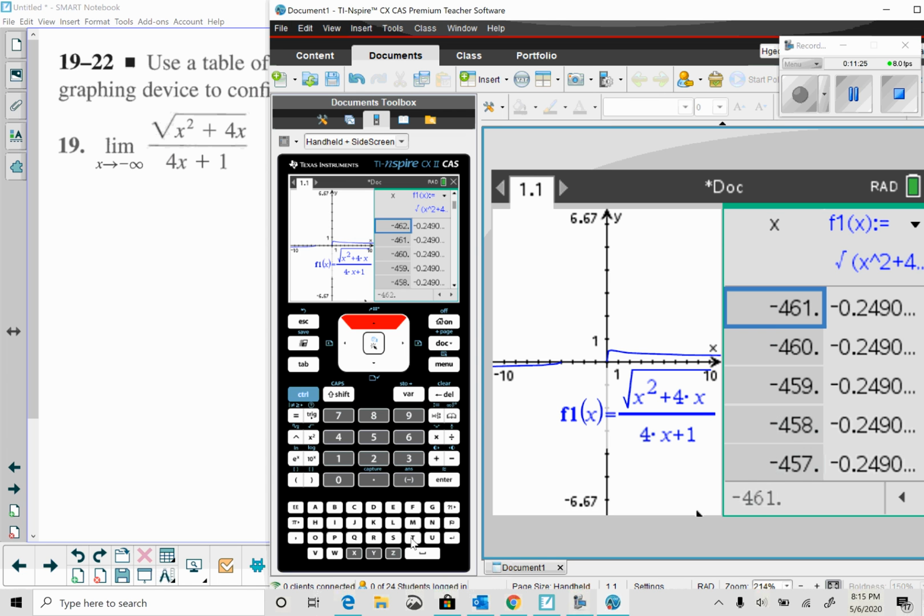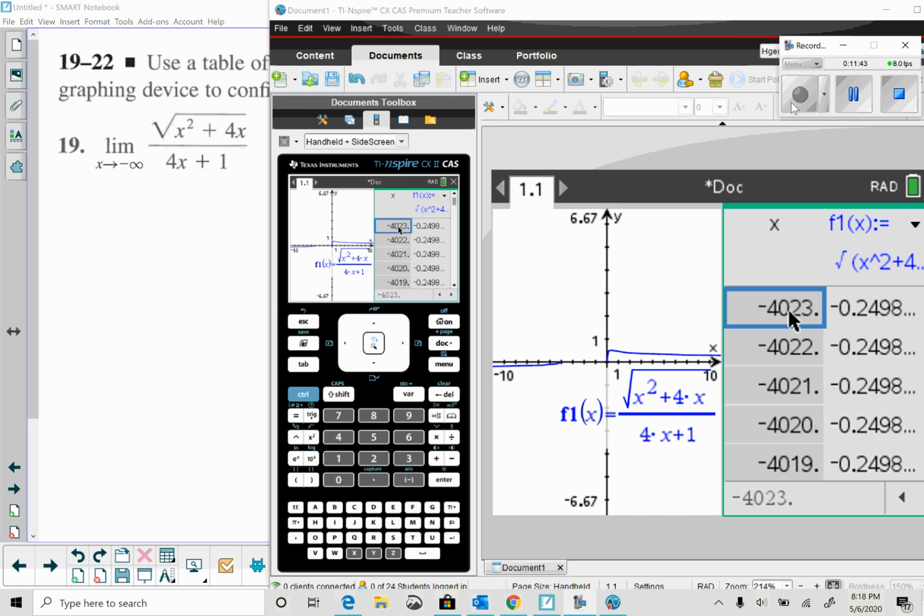Do you see that? I'm just holding this down. We're going past negative 500 already. Negative 600. I am not going to keep holding this down till we get out to negative infinity. Okay, I'm past negative 4,000 now.